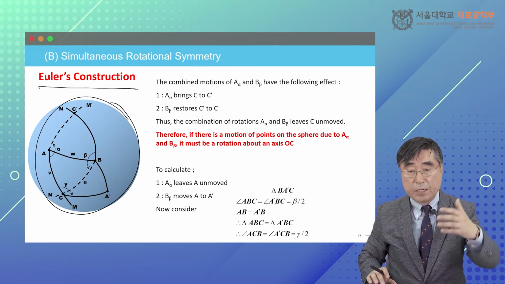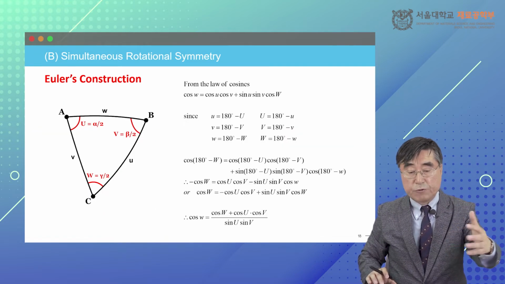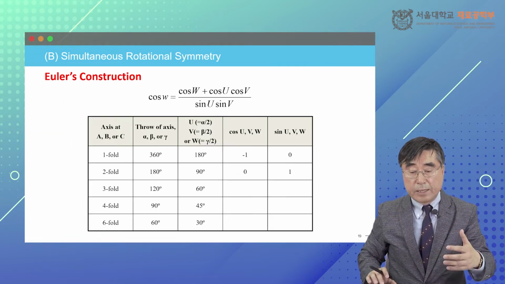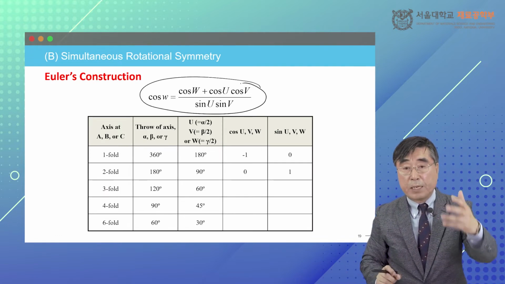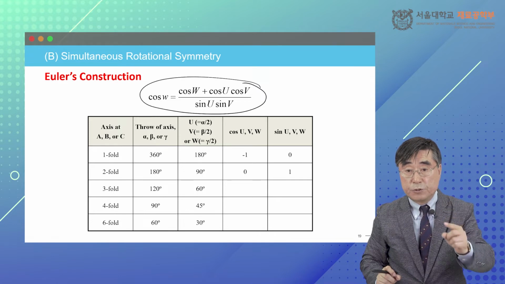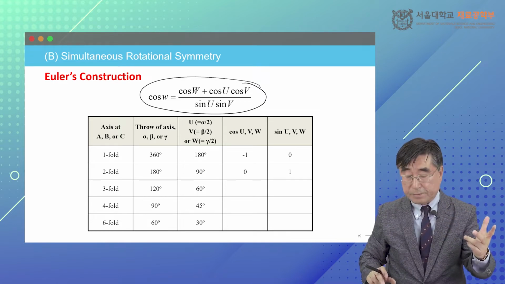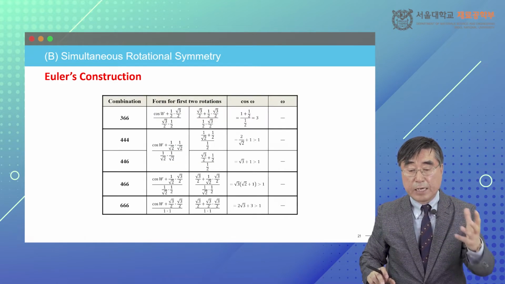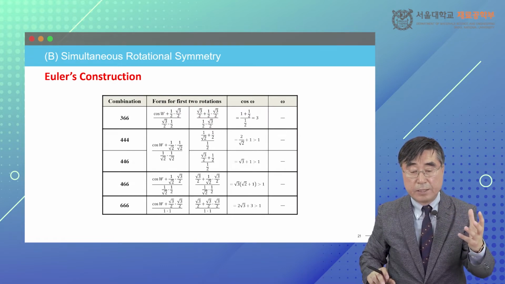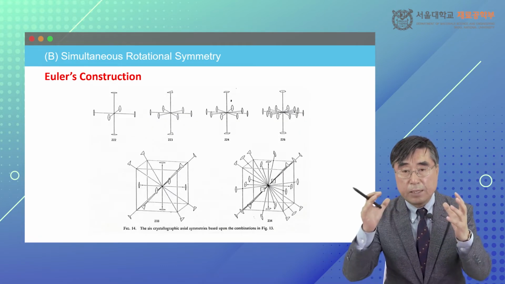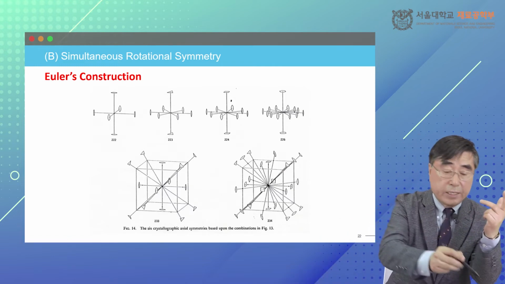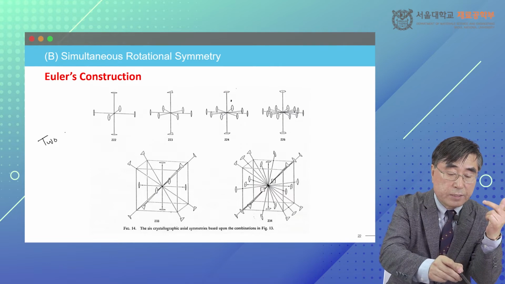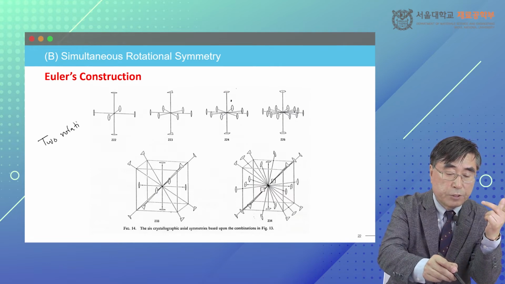Of course, if you want to go into detail, we can derive all these equations and find out what kinds of symmetry elements are possible for each of the three rotation axes. It's quite complicated. I don't want to go into detail here, but basically, when there are multiple rotation axes, any two rotation operations should be matched by a third one.